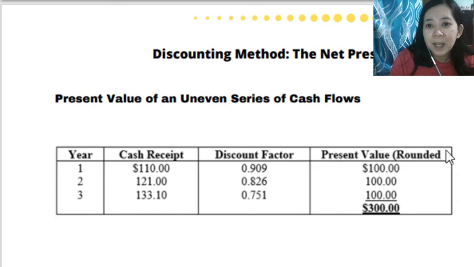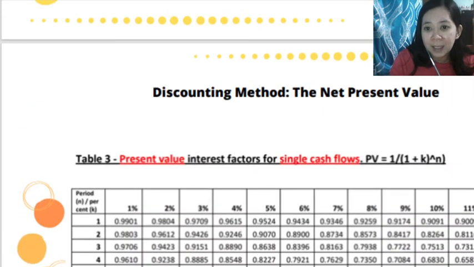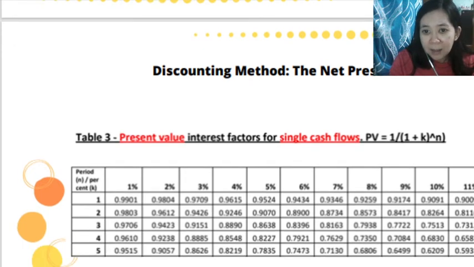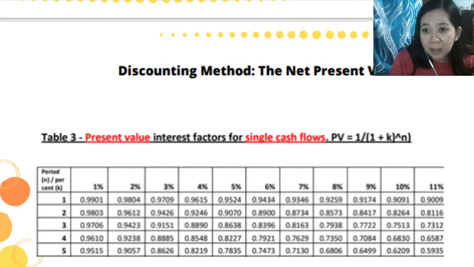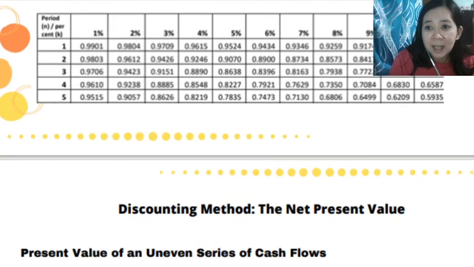So here, 0.909 is located at a certain rate, okay, 10%. In our illustration, we use the 10% rate, and in the table, we only use 3 decimal points.